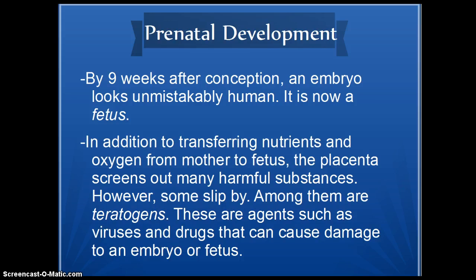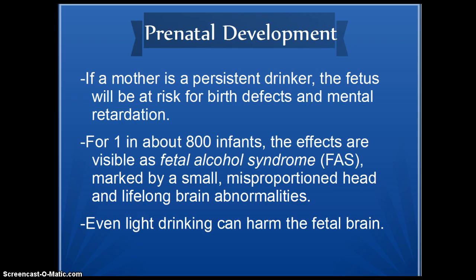During this process, the placenta screens out many harmful substances. However, some slip by. Among them are teratogens, agents such as viruses and drugs that can damage an embryo or fetus. Alcohol is one such teratogen. As a pregnant woman drinks, alcohol enters her bloodstream and her fetus's.